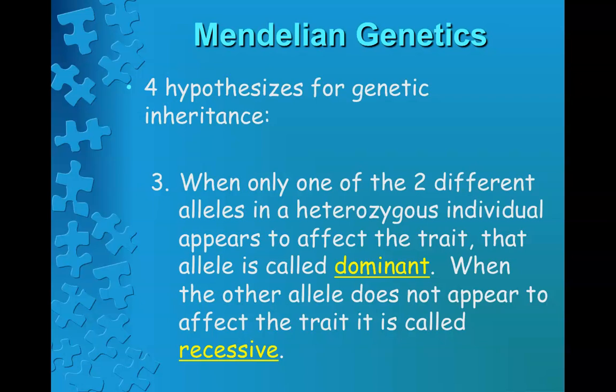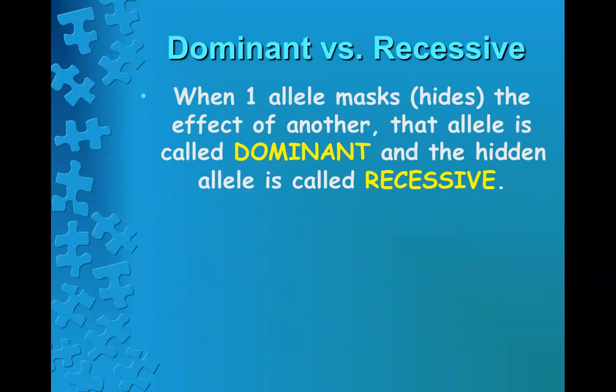So homozygous recessive, in order to show that recessive trait, you have to have both copies. All right, so dominant will always show through, will literally dominate over the recessive trait, unless all that's present is the recessive itself.